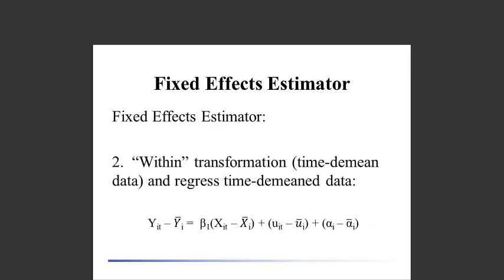This means that we subtract the time means, what we calculated on our previous slide, from the actual values of y it, x it, u it, and alpha i, and we run a regression on these time demeaned values. So we're running an OLS regression using the transformed data, which is now in the form of deviations from the time mean.